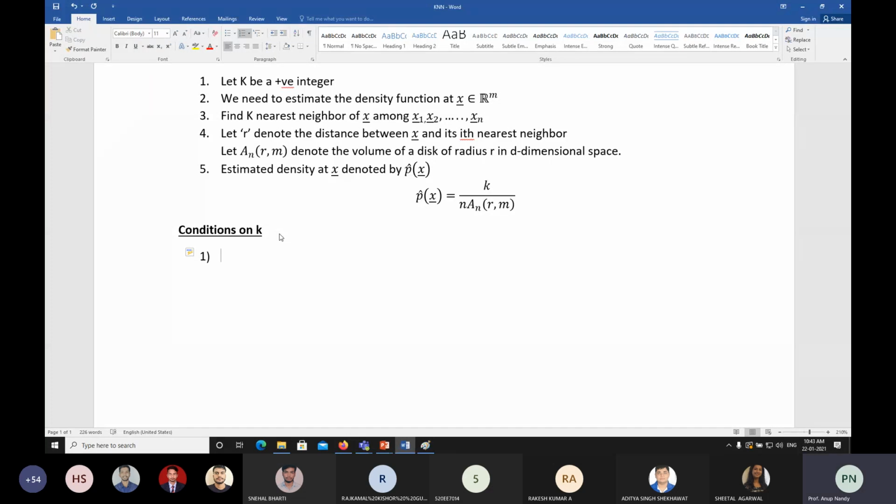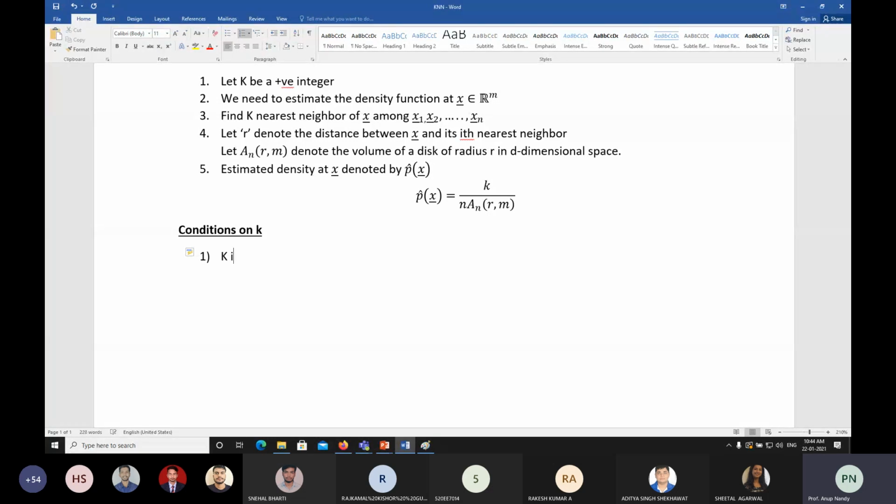So under some conditions, this estimated density will be an asymptotically unbiased and consistent estimate of P. So you have the actual P, and you have to compute this P hat. So P hat will be called the asymptotically unbiased and consistent estimate when such conditions on K hold. So what are those conditions?